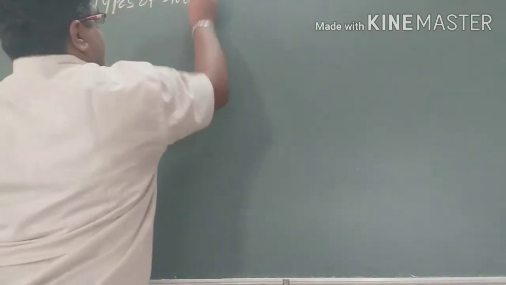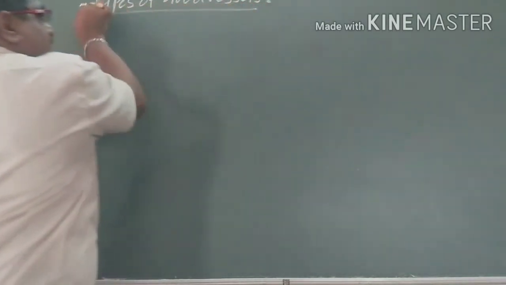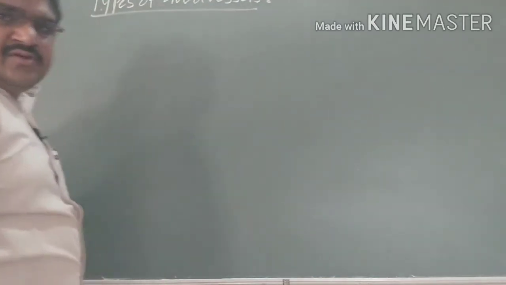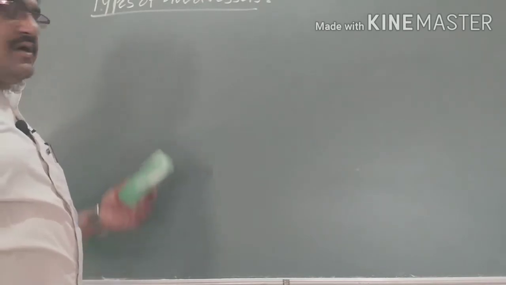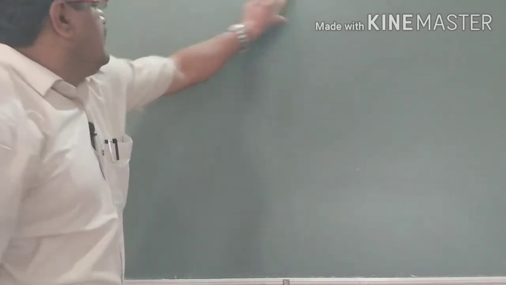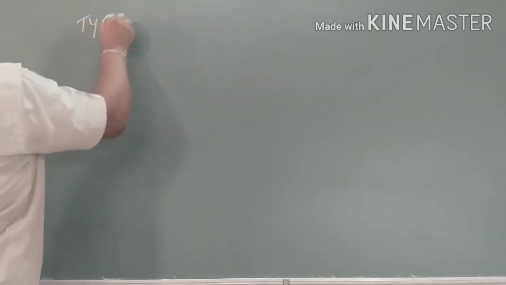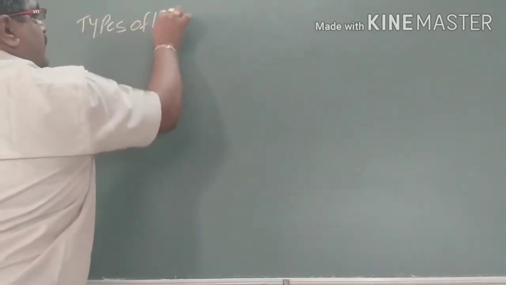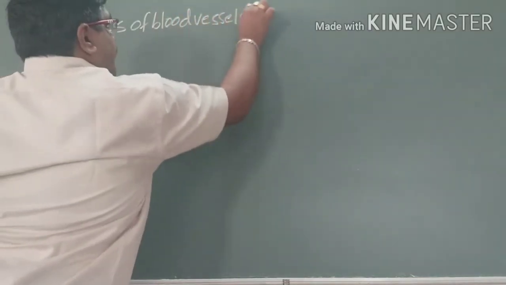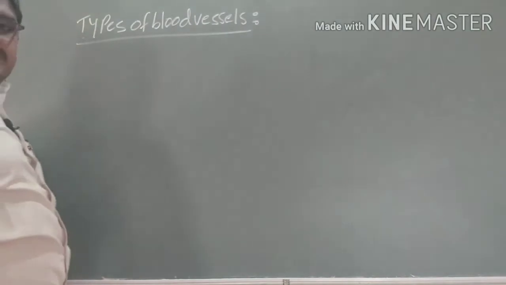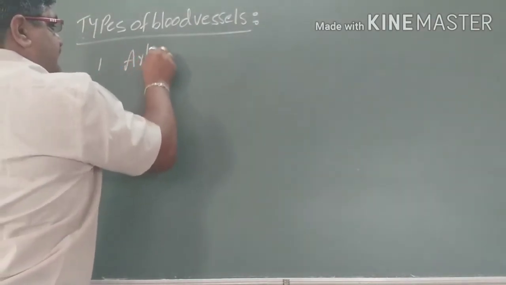There are three types of blood vessels. One is called the arteries.